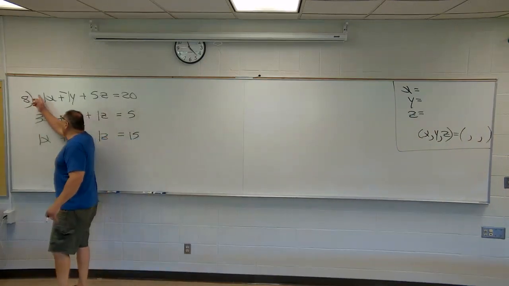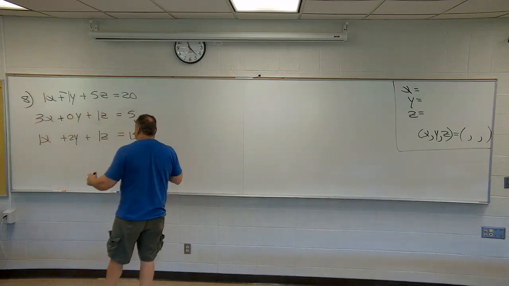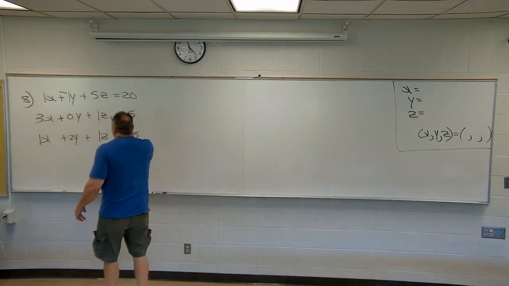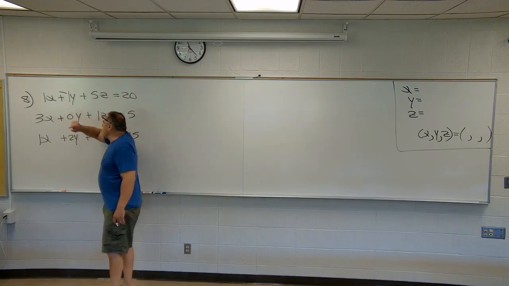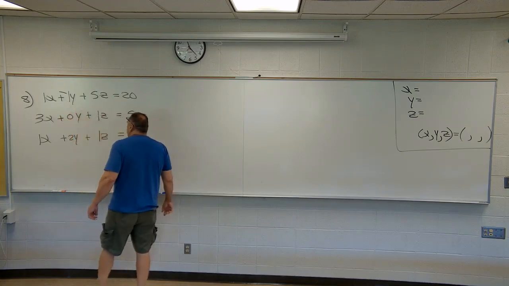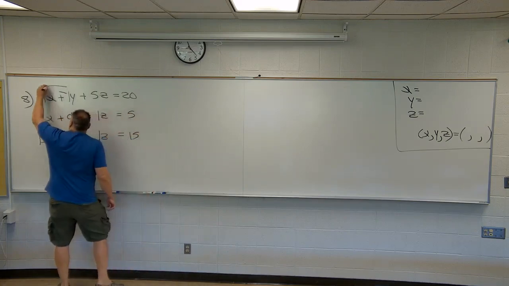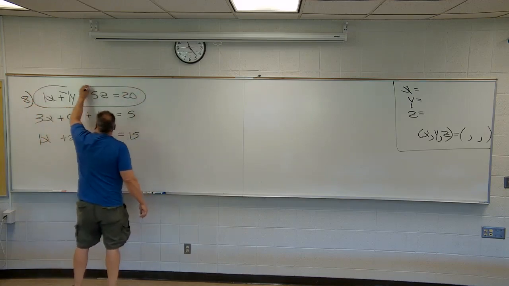I could eliminate the x's and then solve for y's, or I could eliminate the y's and solve for other stuff. Tell you what I'm going to do: take this equation right here, where the y's already not even there.